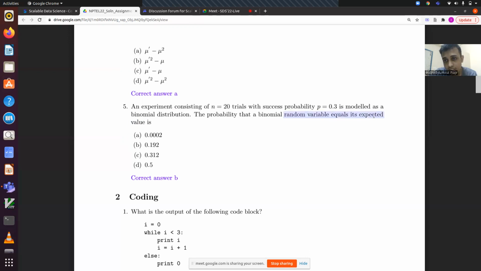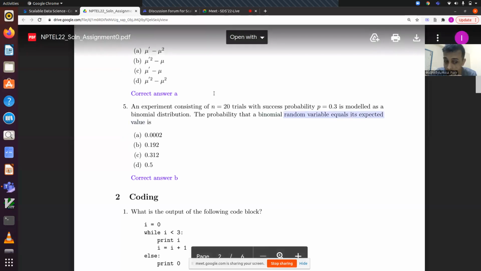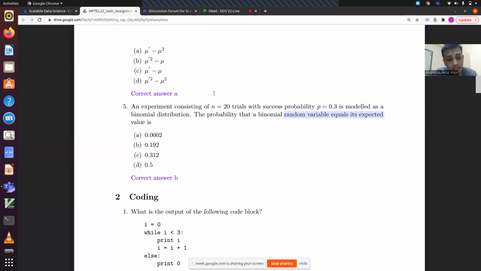So k equals 6, what is the probability? Now we have to put it in the formula. 20C6 times 0.3 to the power 6 and 1 minus 0.3, which is 0.7, to the power 20 minus 6, that is 14.